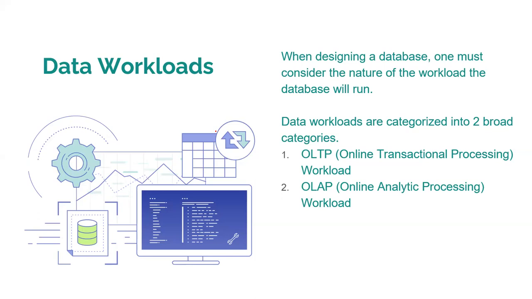For example, in the banking sector, their databases for banking applications are mostly online transactional processing workload, because a particular customer is trying to make a transaction, maybe transfer to another customer. There's a change on the customer account and there's an update on the beneficiary account. So you see that there's constant writing on the database, and this is the kind of workload you can run on an RDBMS.